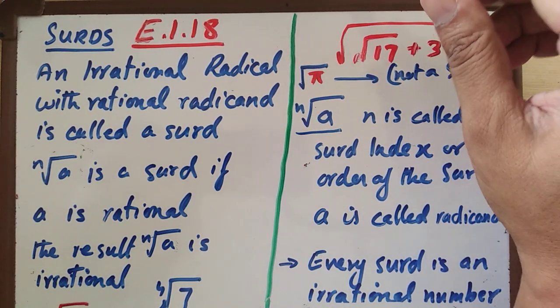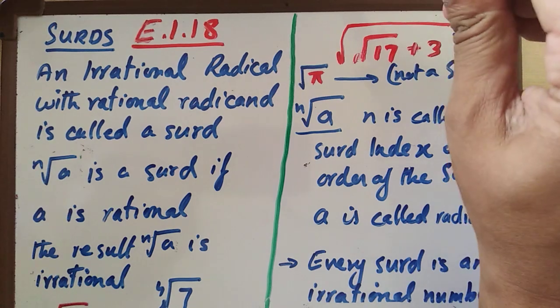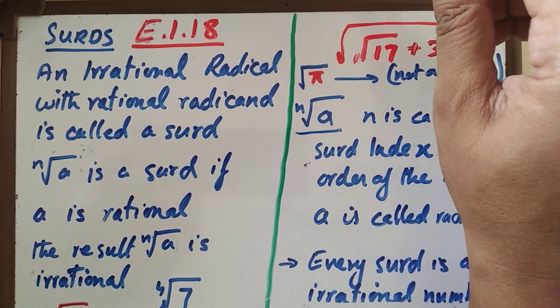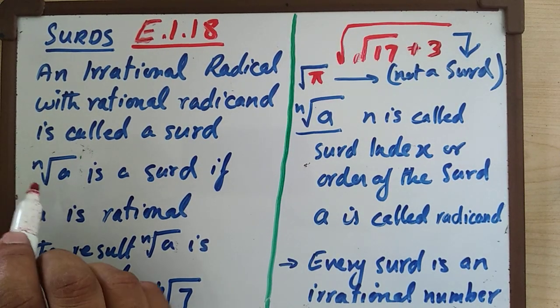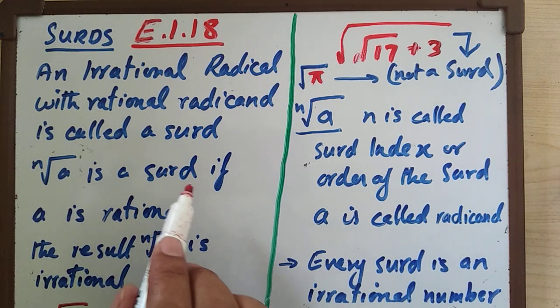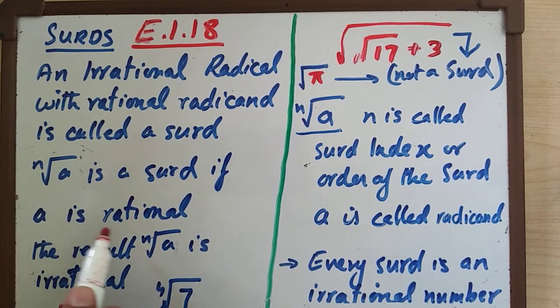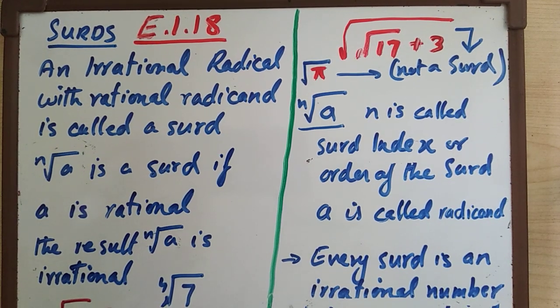So let's suppose we are going to write a structure that is written just below. You can see here that the nth root of a is a surd if a is rational and the result, the nth root of a, is irrational.